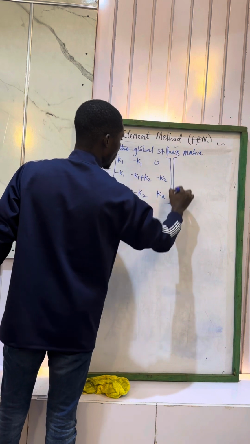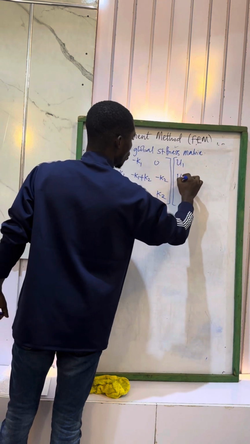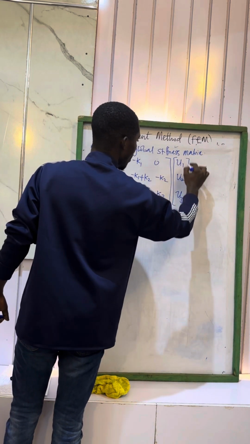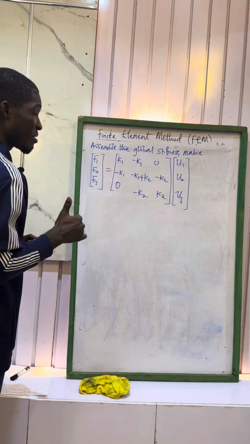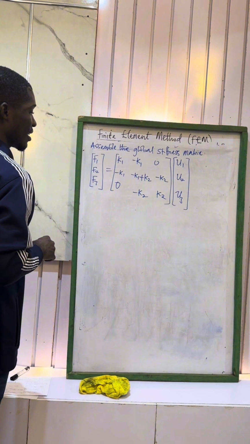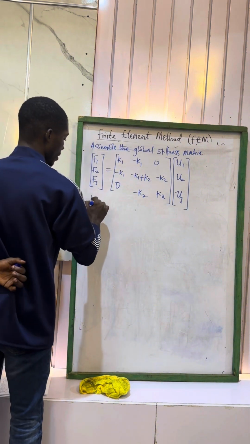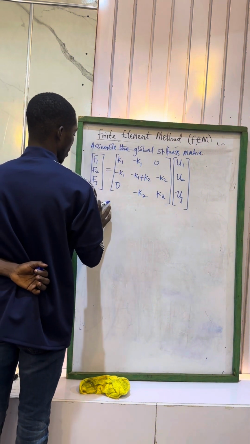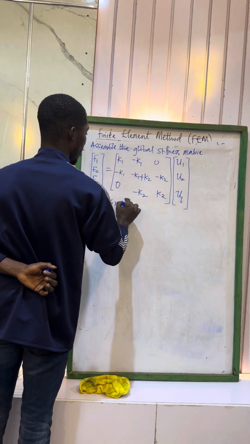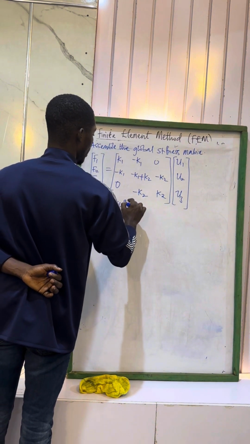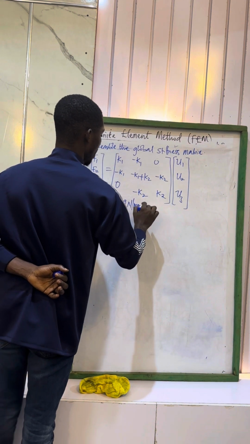Then we have U1, U2, U3. Now remember that I have gotten my K1 to be equal to 5.6 times 10 to the power 5 Newton per millimeter.